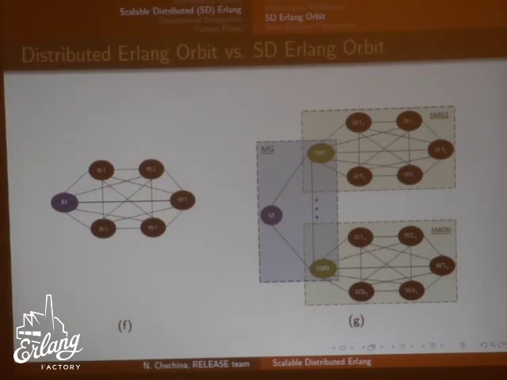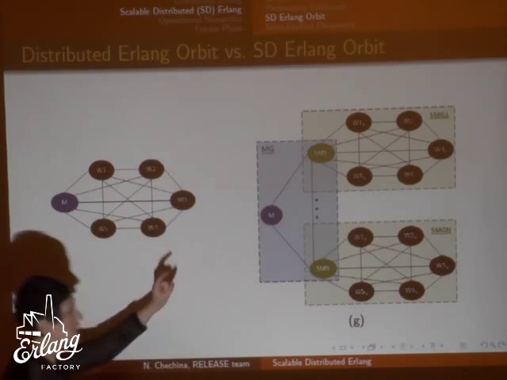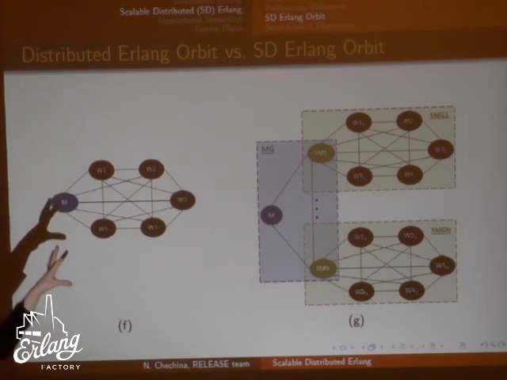And now looking at Orbit again. We have this Orbit, and how do we want to refactor a program in distributed Erlang to SD Erlang? That is introducing levels, actually. We have the same master, but now the master is connected not to worker nodes directly, but to submasters. And then submasters connect to worker nodes.